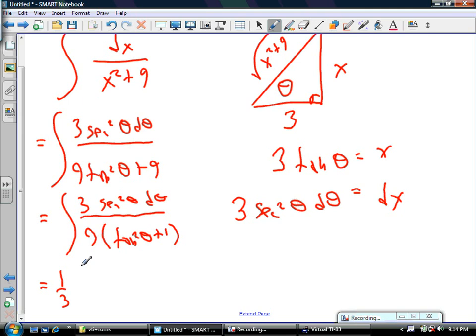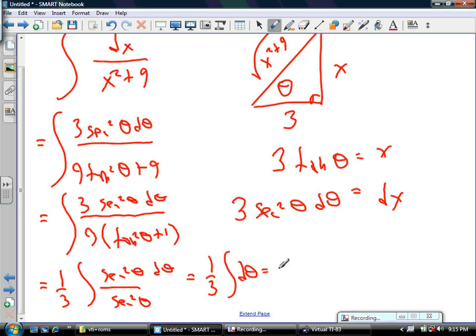I'm going to pull that up. 1/3, the integral of secant squared theta d theta over secant squared theta. What happens with the secants? They're all gone. So you get 1/3, the integral of d theta. Well, that's one of the easiest integrals there is, isn't it? You get 1/3 of what? Theta.